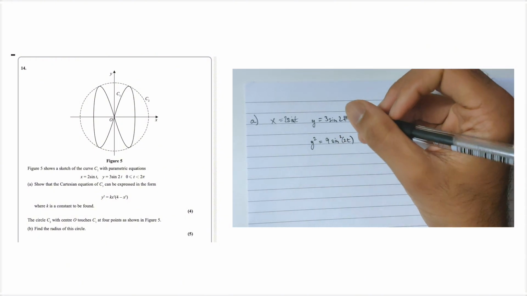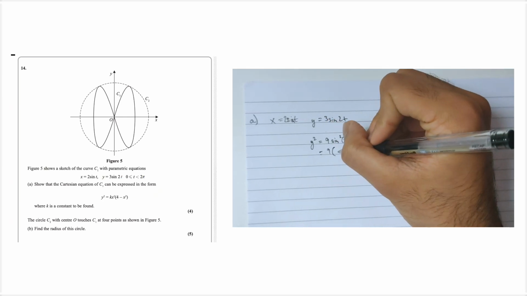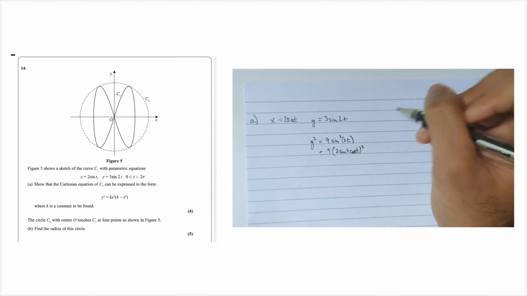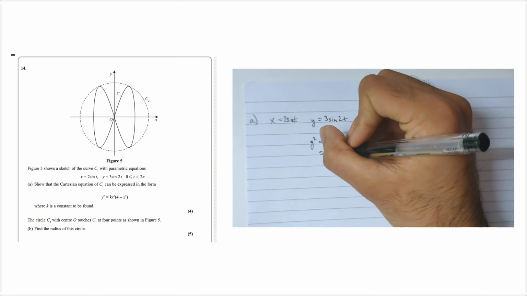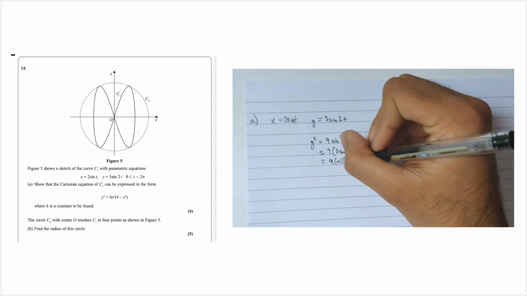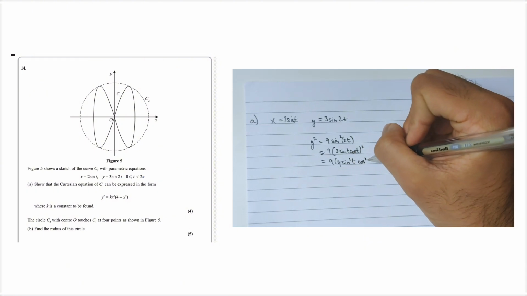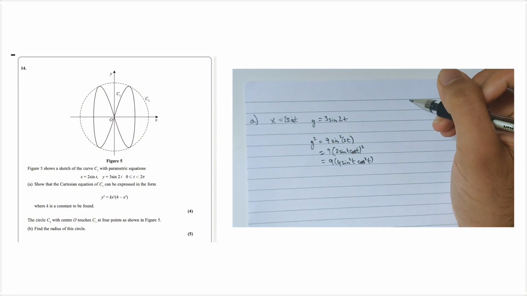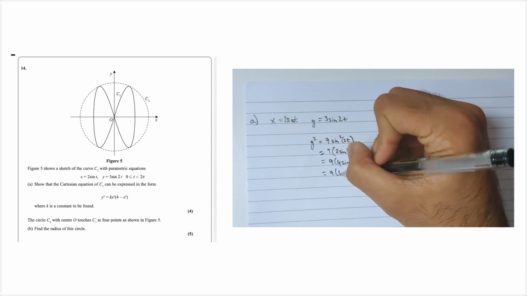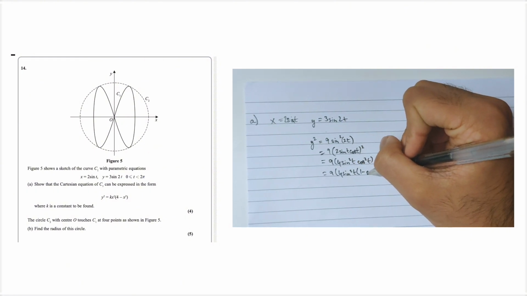You can use it to simplify, and that would equal 9 (2 sine t cos t) squared. Then you could simplify that further, which becomes 9 times 4 sine squared t cos squared t. And since you know cos squared t equals 1 minus sine squared t, you could write that as 9 times 4 sine squared t (1 minus sine squared t).